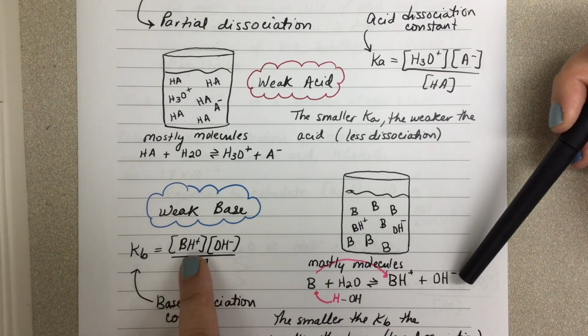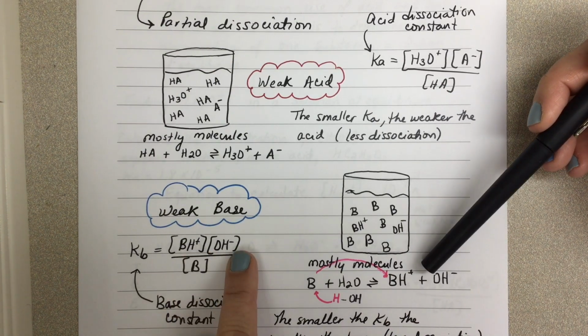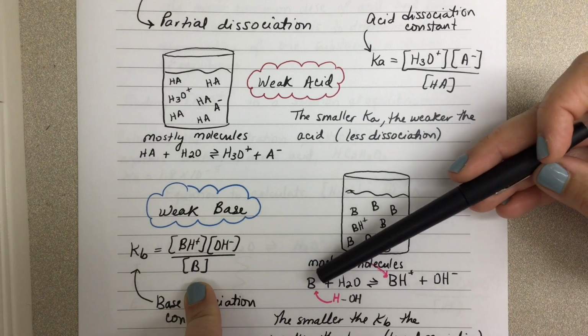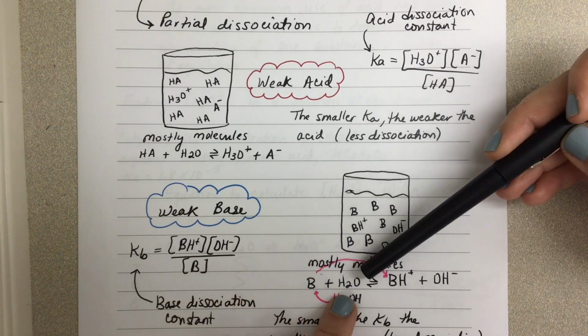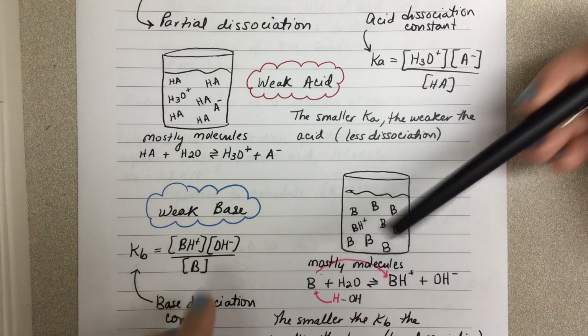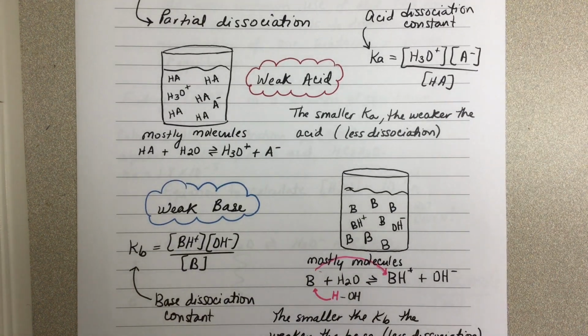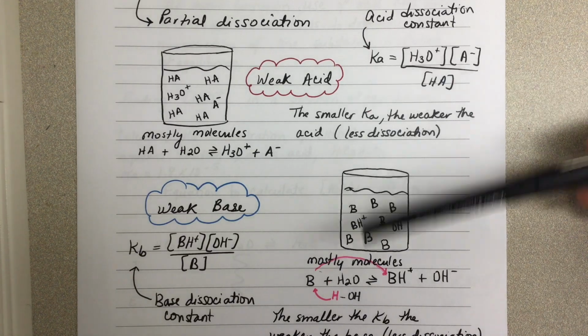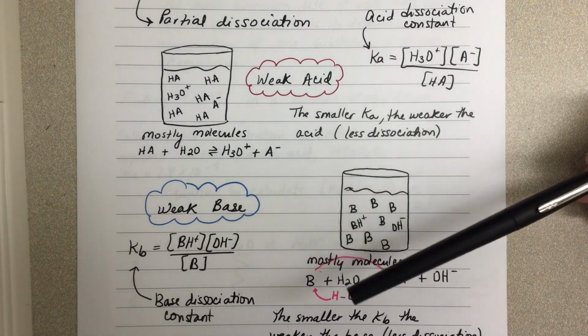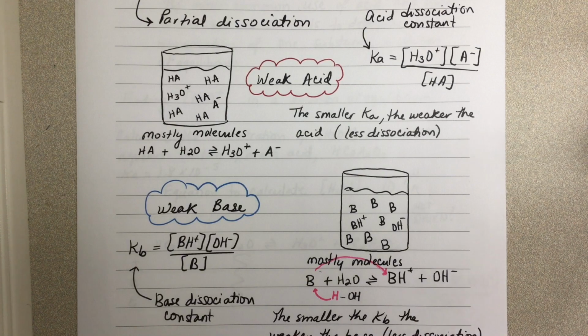So your products are your protonated base and the hydroxide, and then you have the molecule of your base here on the reactant side. So that goes on the bottom part of your equilibrium constant expression. No water, because that's a pure liquid, and you don't have to include that one there. Now the actual value of your equilibrium constants, Ka or Kb, is giving you a lot of information.